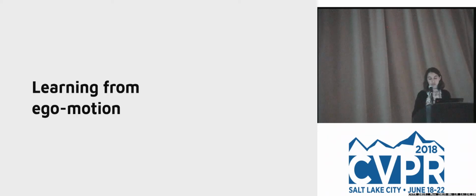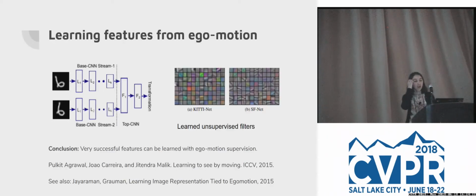And what can I do with those features? This is the work of Agrawal et al. There's also some related work of Jayaraman and Grauman. But let's talk about Agrawal et al. That's called Learning to See by Moving.